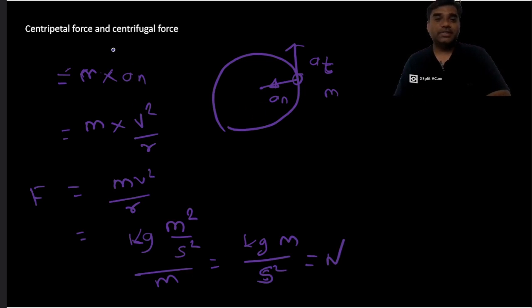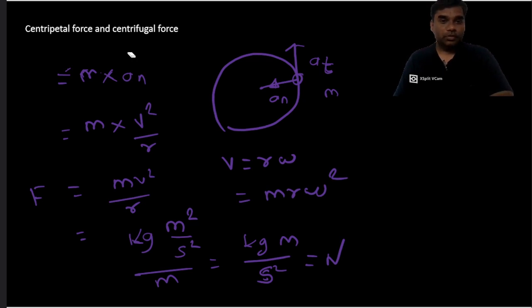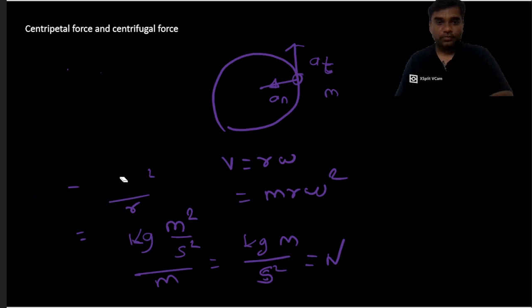It is the centripetal force, which is responsible for holding the body on a circular track. You can calculate it by the formula m v square divided by r, or replace v by r omega and you get the formula m r omega square.